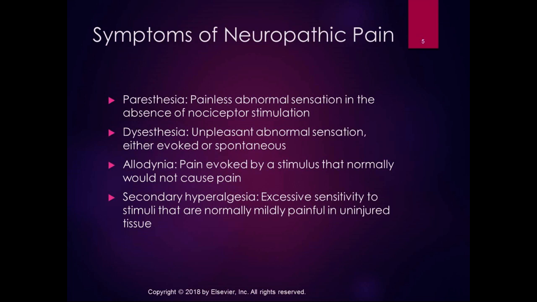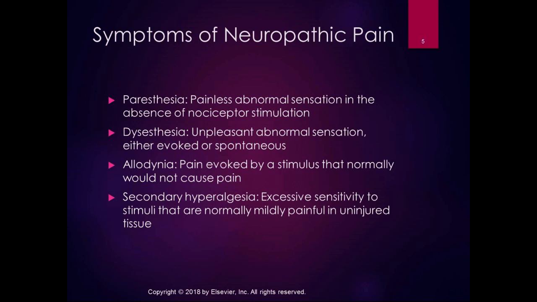Allodynia is pain evoked by a stimulus that normally would not cause pain. So if you were to brush someone lightly with a cotton ball, for example, and it's really painful, that would be allodynia. Secondary hyperalgesia. So we talked about primary hyperalgesia, where the nociceptors are sensitized and they respond to things that normally wouldn't be painful. Secondary hyperalgesia is excessive sensitivity to stimuli that are normally mildly painful in uninjured tissue.